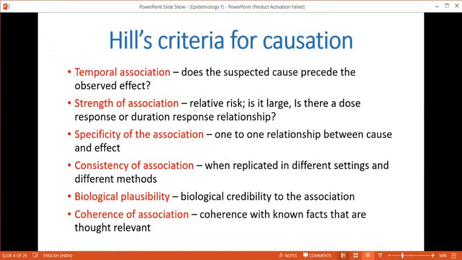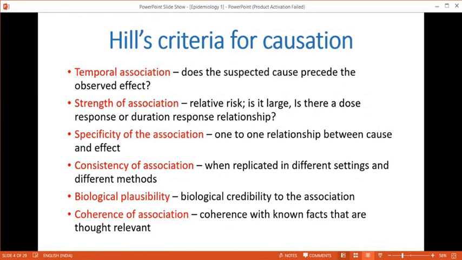Number one, temporal association. Does the suspected cause precede the observed effect? The person has to be exposed, and we'll take a measles example. The person has to be exposed to the measles patient to get the disease.